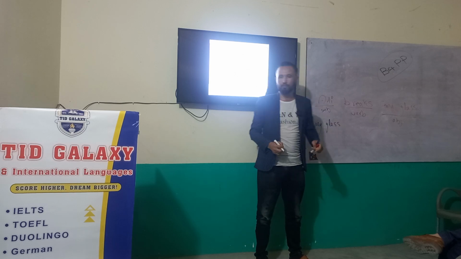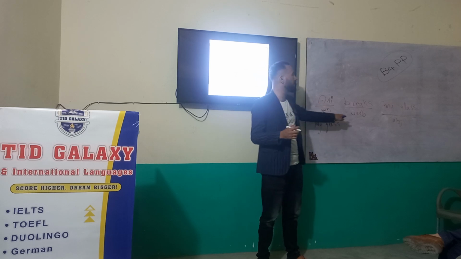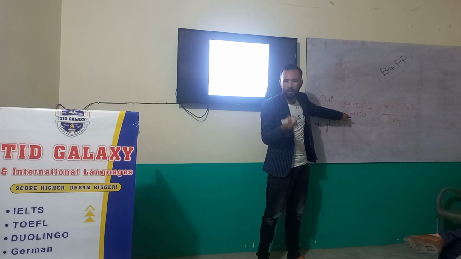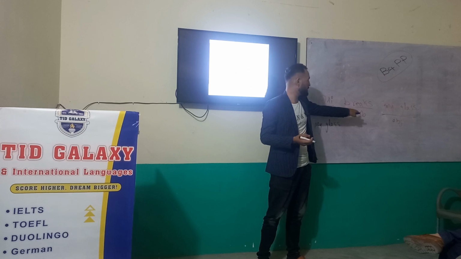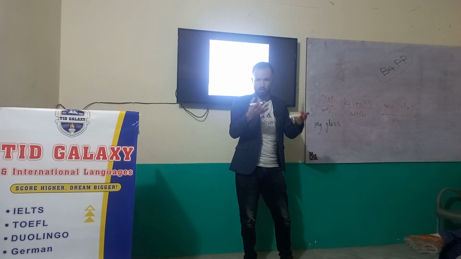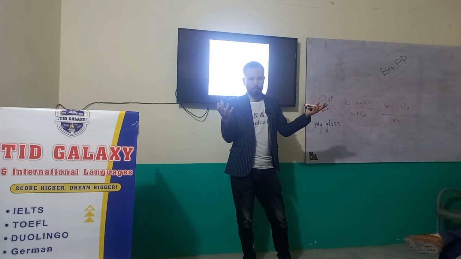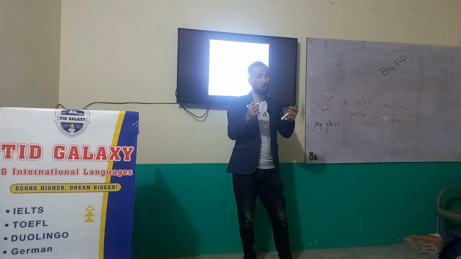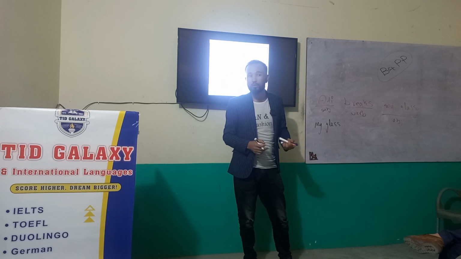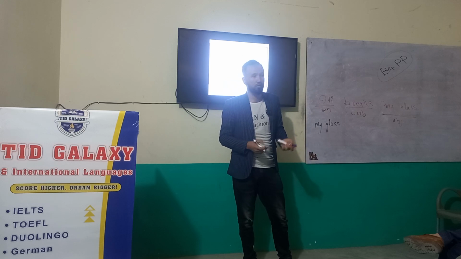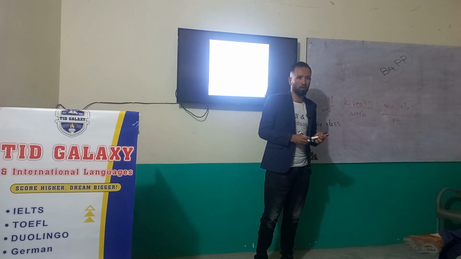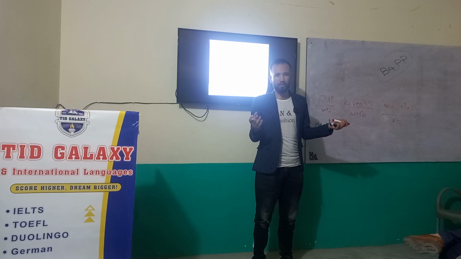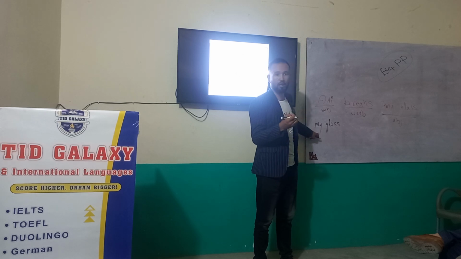Now, for simple present tense, you should identify the tense. Which tense is it? It is simple present tense. The second rule is to identify which tense it is. According to the tense, you should know which to be verb to use. For simple present tense, what should you use? Is, am, are, according to your object.